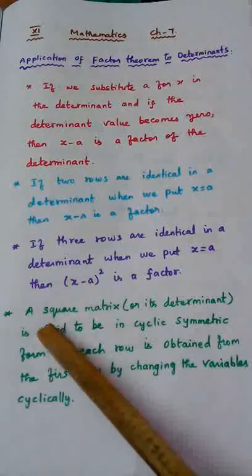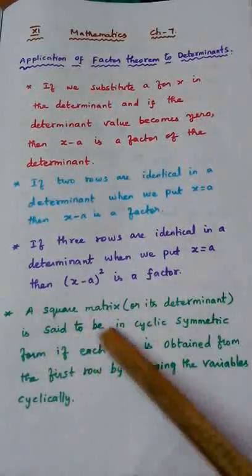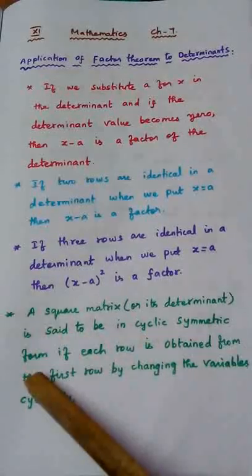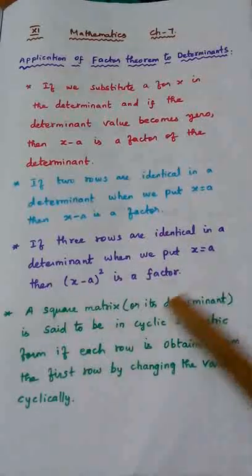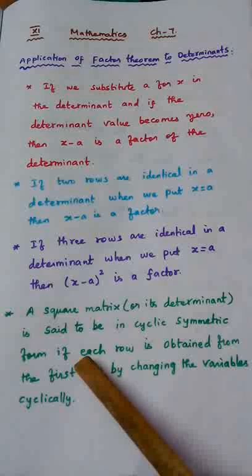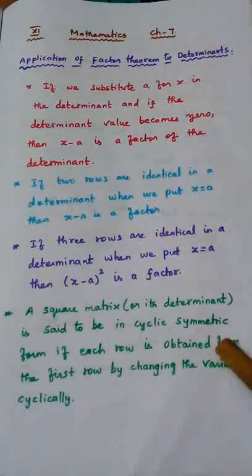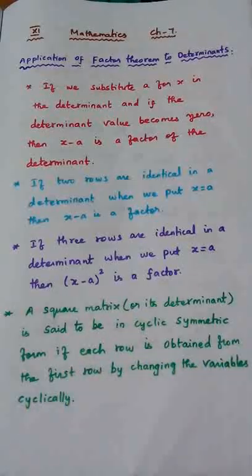And the next one, a square matrix or its determinant is said to be in cyclic symmetric form. What is the condition? Each row is obtained from the first row by changing the variables cyclically.